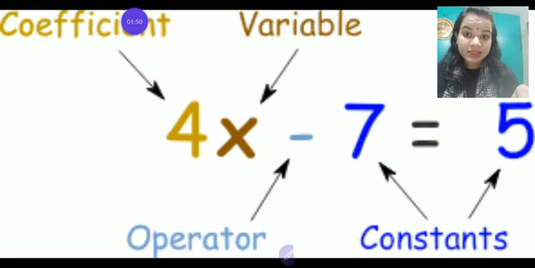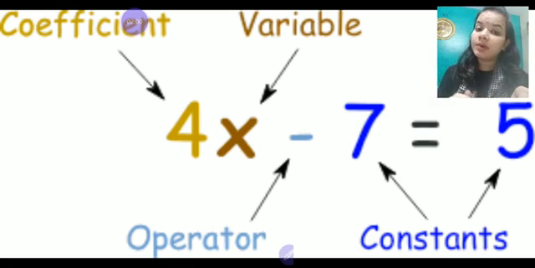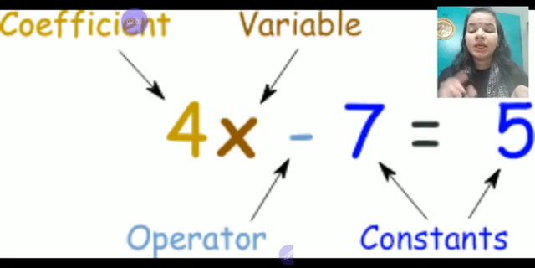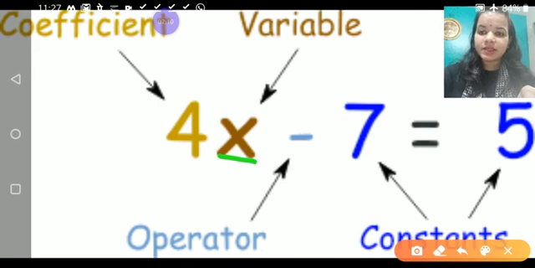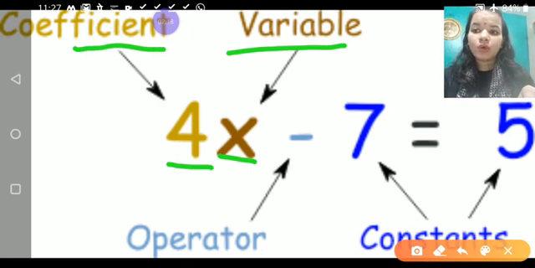Now, in this example, suppose we have an equation as 4x minus 7 equals 5. Here you will know what is a coefficient, what is a variable and what is a constant. Here you can see the term x, that is not known. That will be your variable. The number that is written with the variable, that is your coefficient.